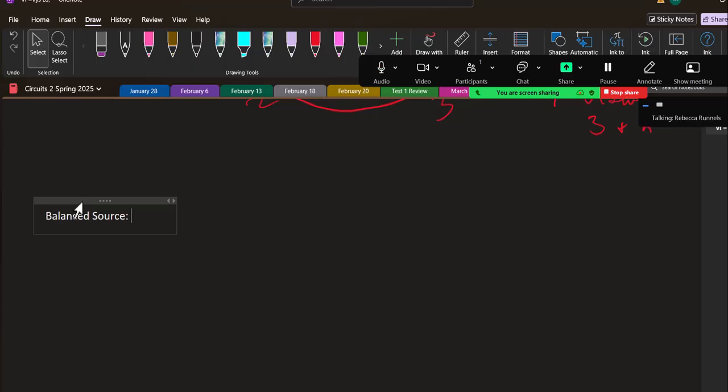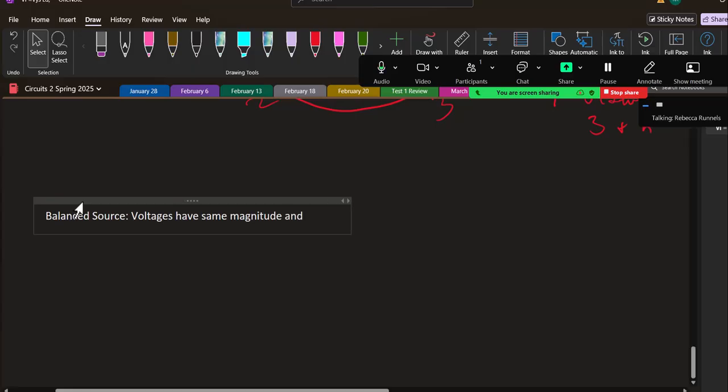They're all equal in RMS value. So voltages have the same magnitude. What about frequency? They should all have the same period. So if they have the same period, they have the same frequency. So they have the same magnitude and frequency.